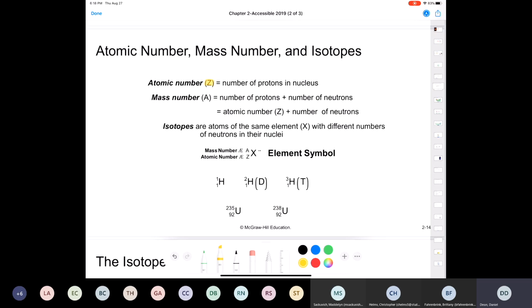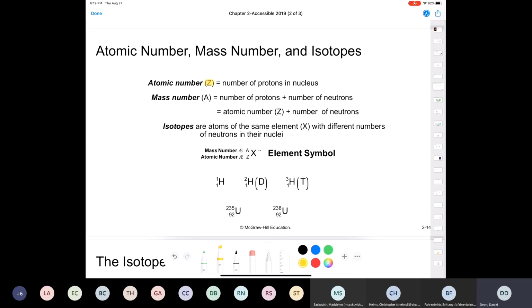What governs the identity of an element is the number of protons. It's not the number of electrons, it's not the number of neutrons, it's simply the number of protons, nothing else, okay? So the number of protons is very important.